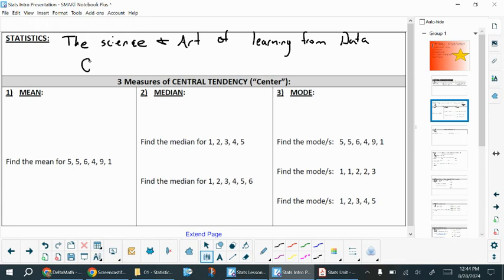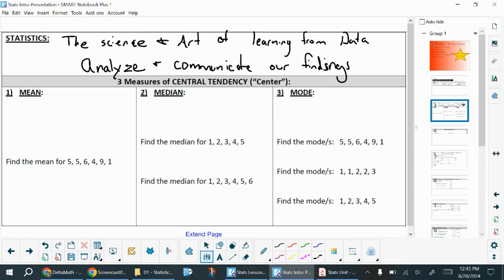We're going to analyze it. And communicate our findings. And so we're going to talk about different ways that we analyze a set of data, different ways we can communicate that data to other people.